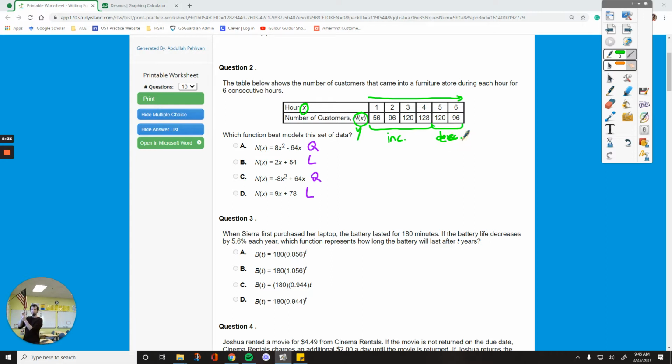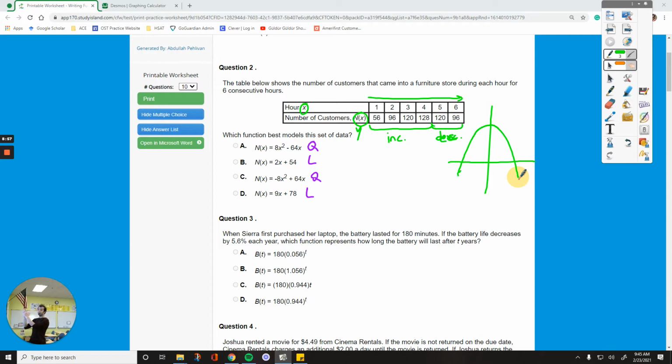So let's see what the graph is going to look like on the coordinate plane. I'm not sure where it will start from, but I know it's going to be a downward graph, because on the vertical axis you will go up, it is increasing, and then you'll go down. That's going to be the behavior of the curve.